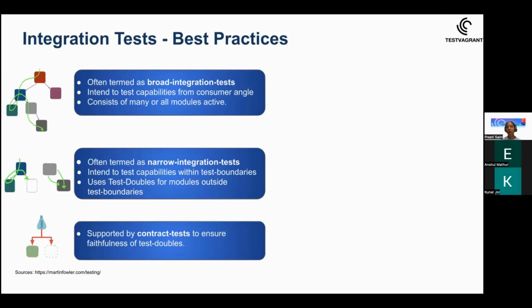So with this strategy, where you divide your integration tests into broad integration tests and narrow integration tests, and complement these with the right contract tests, there are key factors that you can also associate with these integration tests, right? So let's look into these key factors. One is to run these integration tests as part of your CI/CD pipeline. With this, it'll give you early confidence.